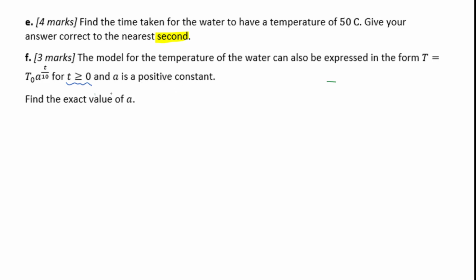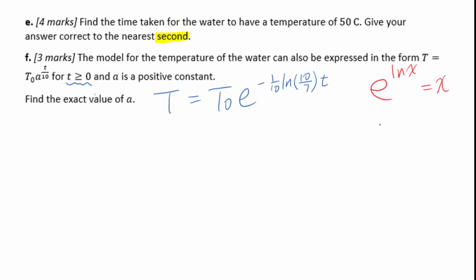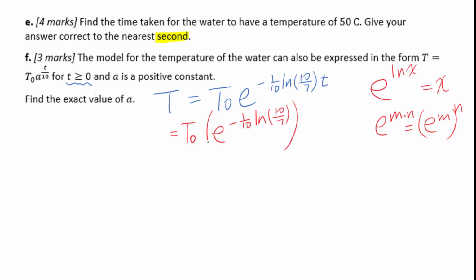Find the exact value of A. We know this is the function for T, and also we know e to the natural log of x equals x, and e to the m times nth power, I can write as e to the mth power, then nth power. So we have T sub 0 e to the negative 1 over 10 natural log of 10 over 7, then to the tth power.